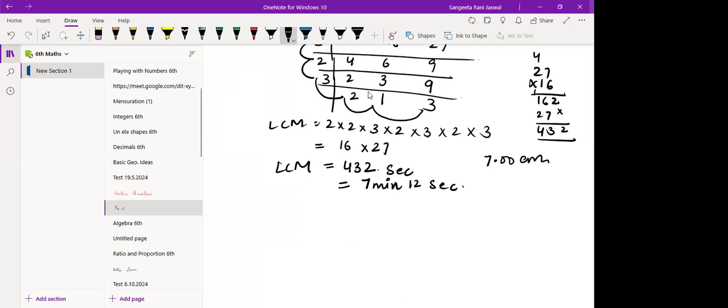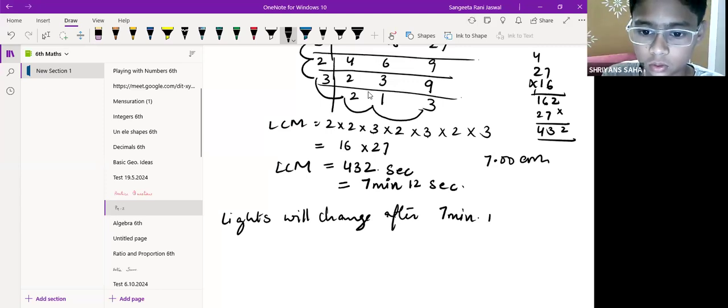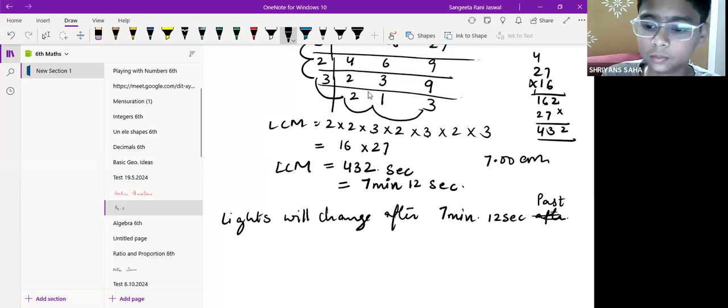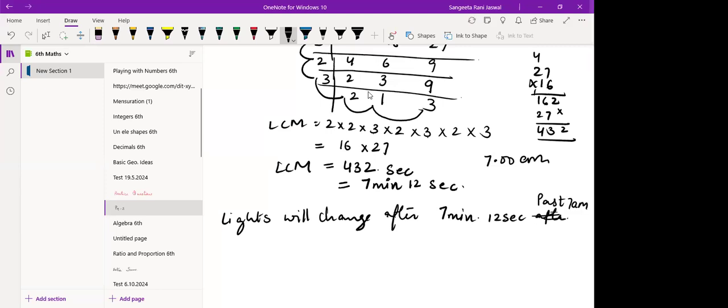You can write down here: the lights will change after 7 minutes 12 seconds past 7 a.m. You can write it like this. Okay, this is what we can write. So the lights will change after 7 minutes 12 seconds past 7 a.m.